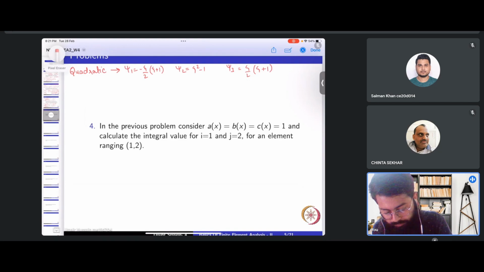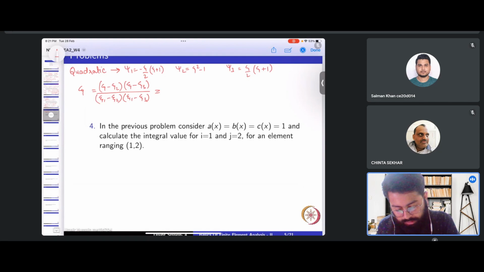What was the formula for this? For the first, it would be (zeta minus zeta 2) times (zeta minus zeta 3) upon (zeta 1 minus zeta 2) times (zeta 1 minus zeta 3).